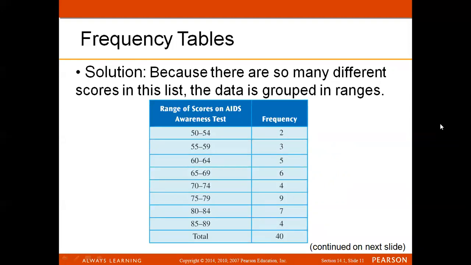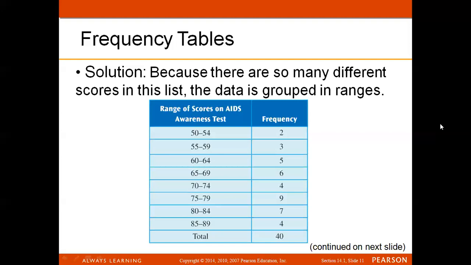Those are the ranges of scores on the AIDS awareness test. Notice we don't have a range for entries below 50, and we don't have ranges for above 89.